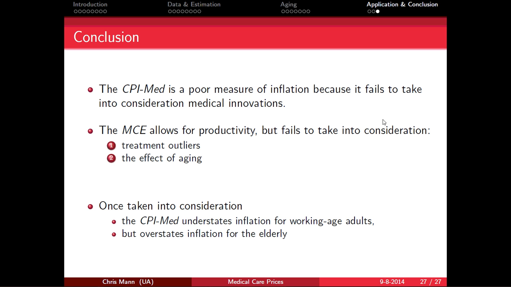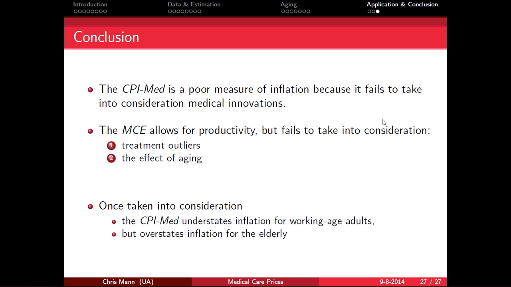And so, just from that productivity standpoint, this medical care component should overstate inflation. All right? And so that would make the MCE, which does take into account productivity, a much better estimate of medical care inflation.